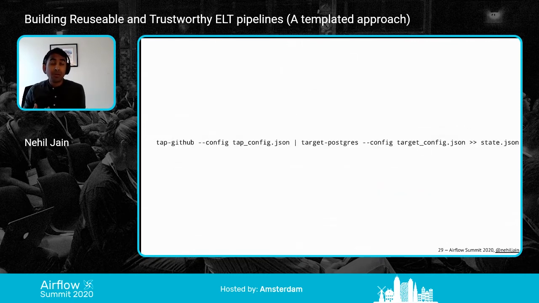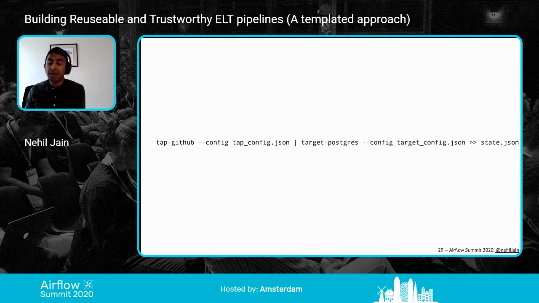So assuming I'm building it for the first time, I can just write tap-github. Of course I'll have to install tap-github and target-postgres, but that's simply a pip install, right? Once I have those in my environment, I can just do tap-github config, pipe that to target-postgres config. I get my data going from API into Postgres in less than 10 minutes.